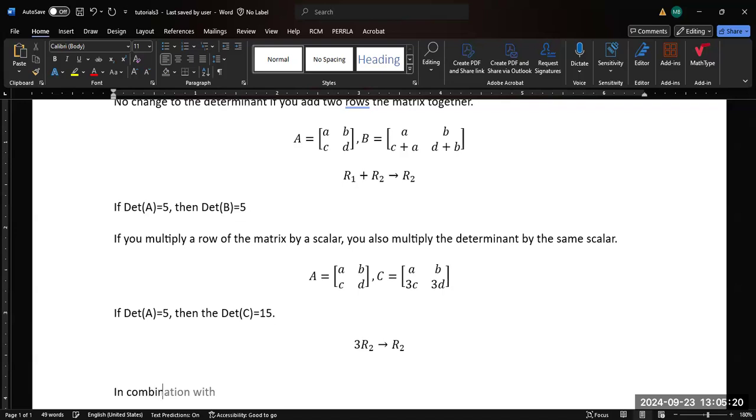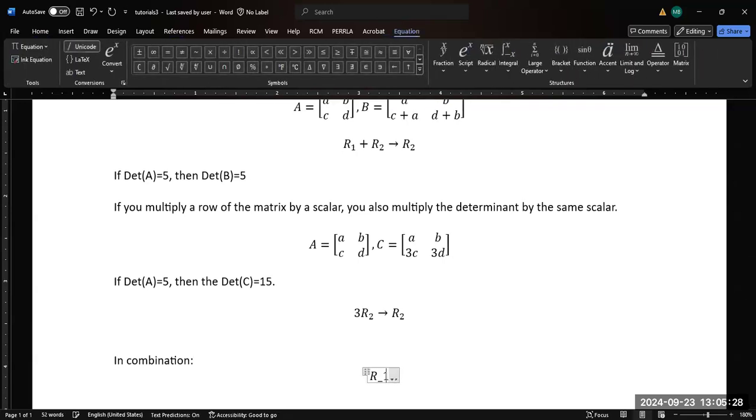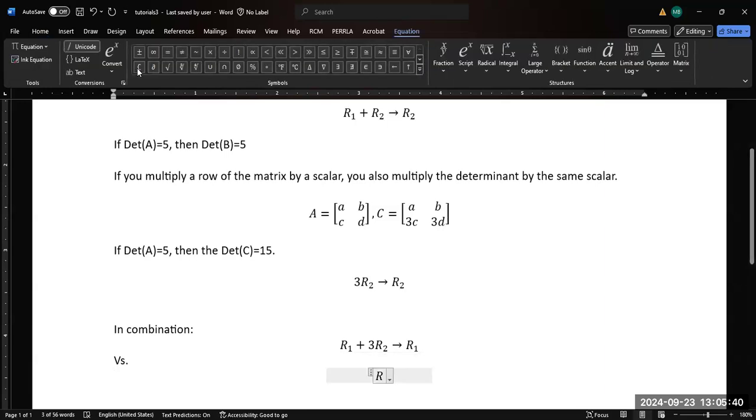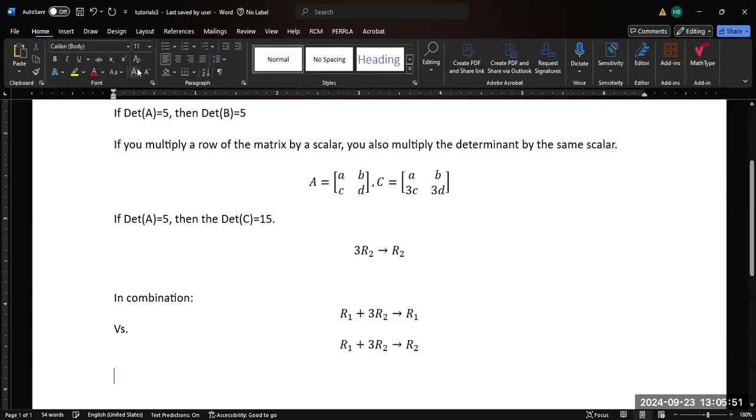So let's think about two ways that we can combine this. Let's say I do row 1 plus 3 row 2 goes to row 1, versus row 1 plus 3 row 2 goes to row 2. These are going to have different results on the determinant.